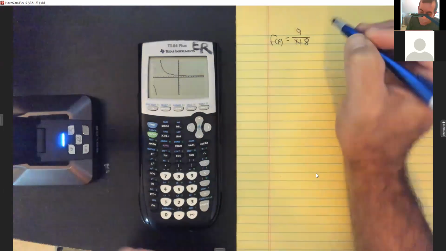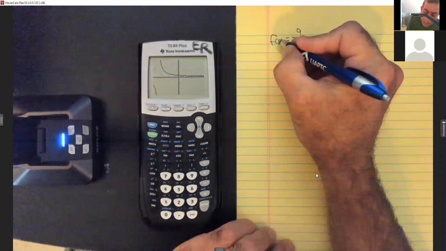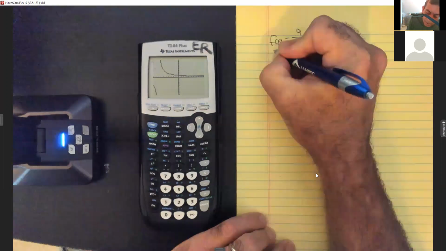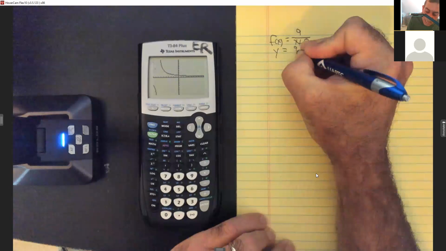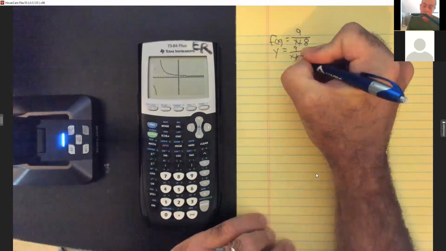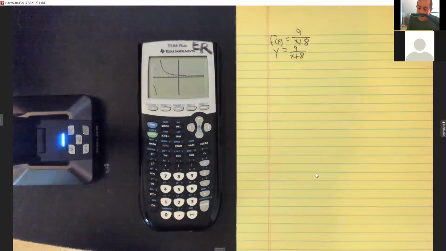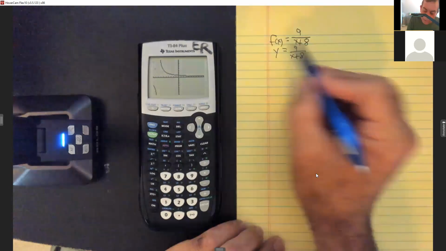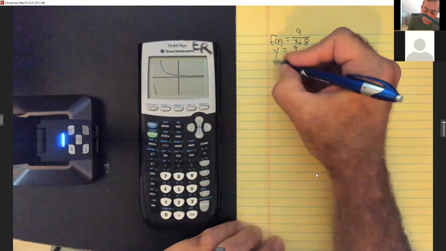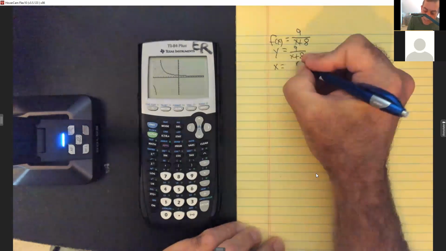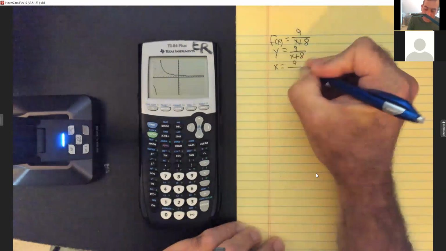So to find the inverse, we replace f of x with a y. And that gives me y equals 9 over x plus 8. Then I switch the x and y around so that I get x equals 9 divided by y plus 8.